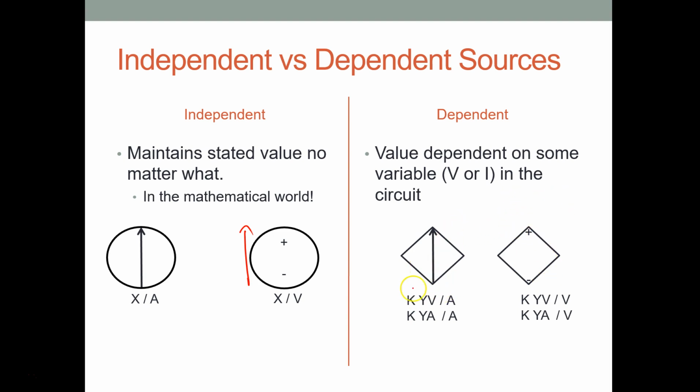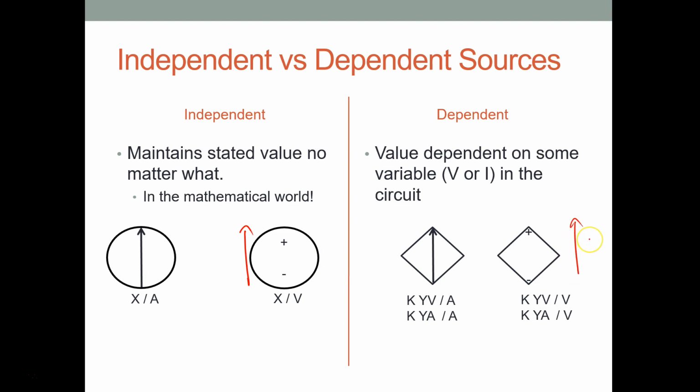So here we have again a current source. So you can see here the current sources are in amps and the voltage sources are in volts, and these symbols are similar. For the current sources we have the arrow going through it, and the voltage sources we have the positive and negative.